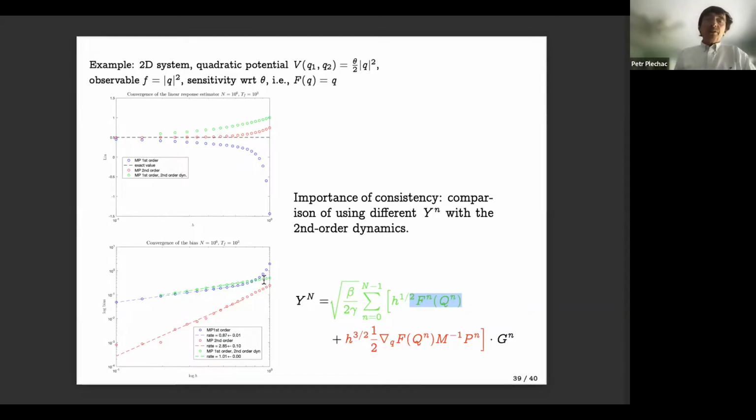So although we are running the second order dynamics, the correct construction, which comes from our analysis, adds this red term in this particular case of the observable, and with that, as proven, we recover the consistency, we recover the second order scheme again.